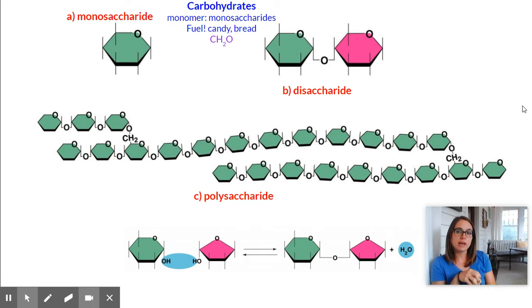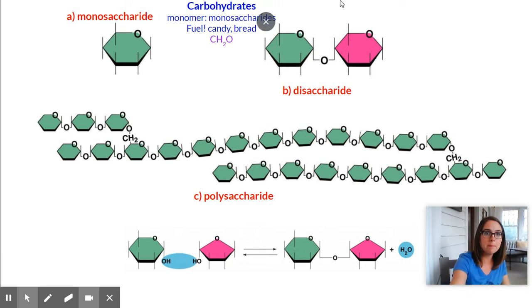So a monosaccharide is a 1 sugar, a simple sugar, a single sugar. And notice how it's just a single ring. I'll talk more about the structure here in a minute, but this is basically a carbon ring. So I know it just looks like a bunch of hexagons and O's, and I'm telling you that there's carbon and hydrogen on here. I'll show you on another picture how that's true.